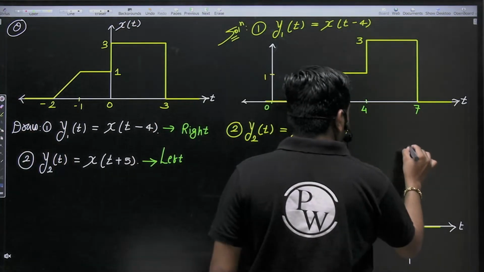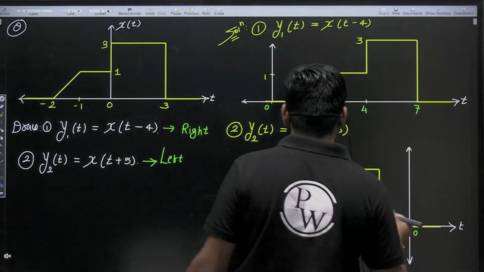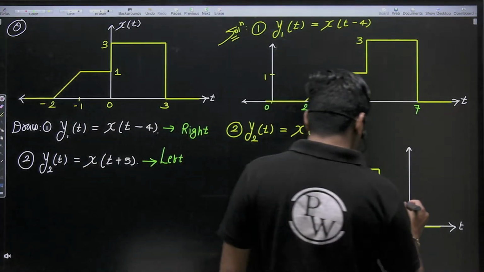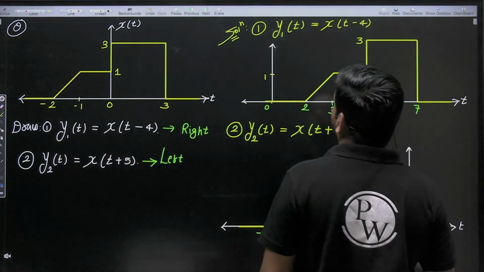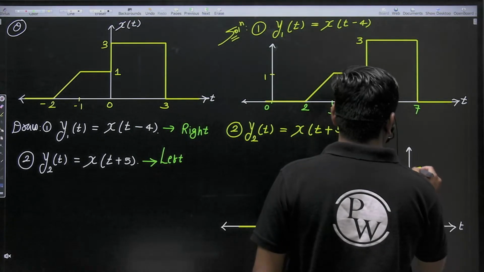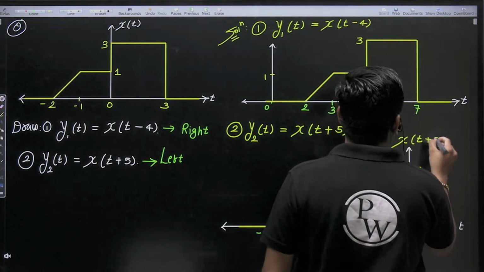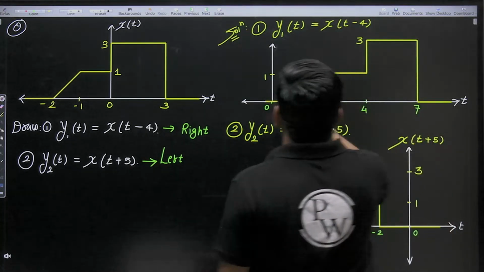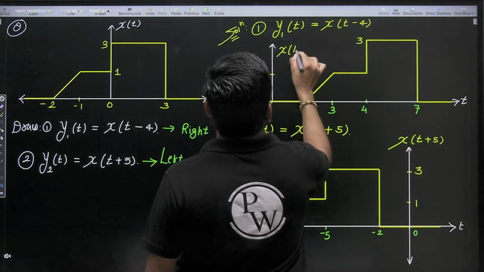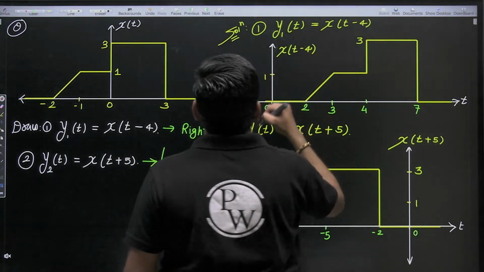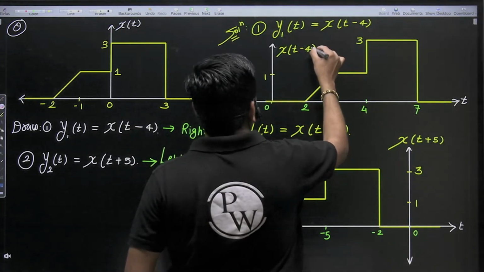Now you can see there is no change in amplitude. This is x of t plus 5 and this is x of t minus 4. Done. Any doubt in this?